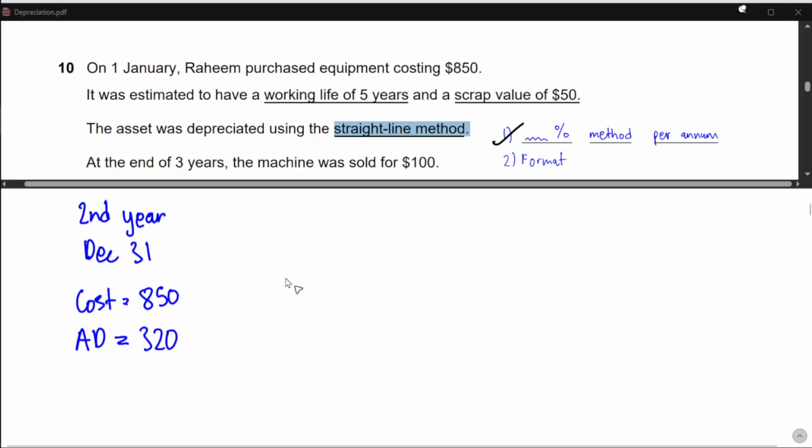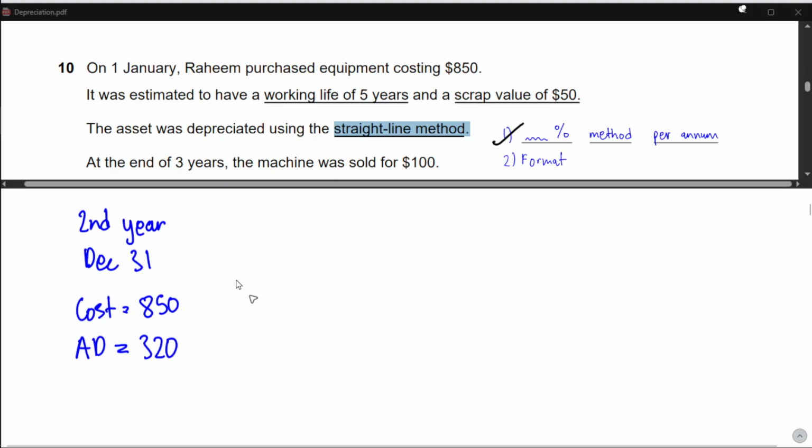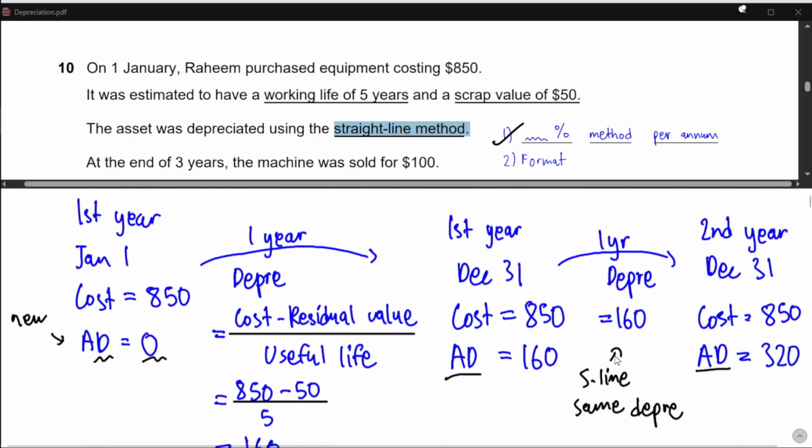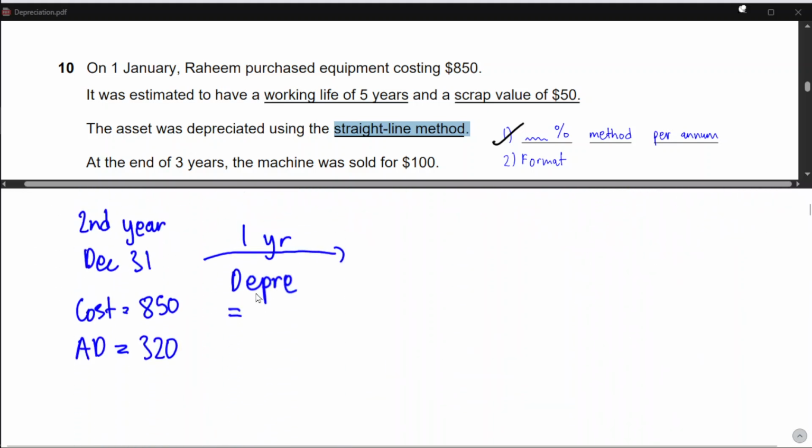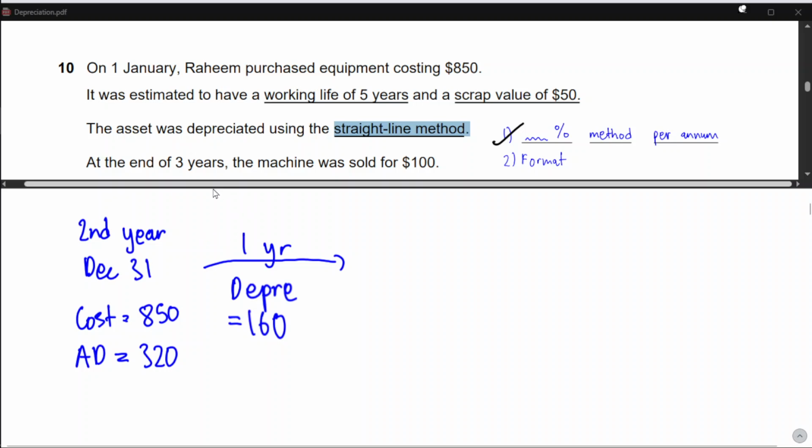Still the same thing, so this 1 year, the depreciation will still be 160.